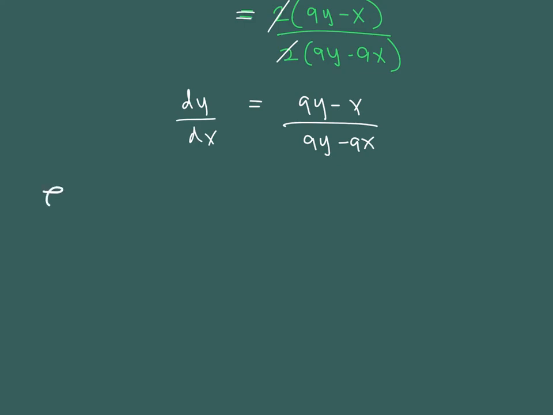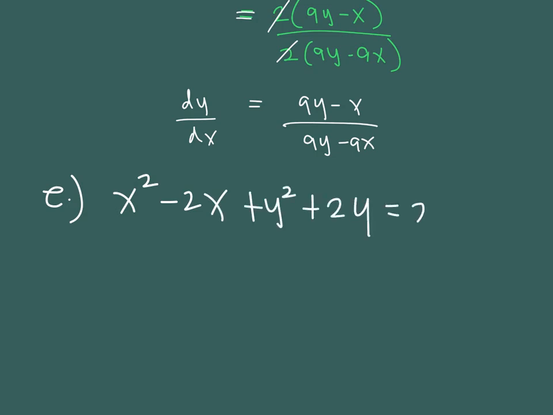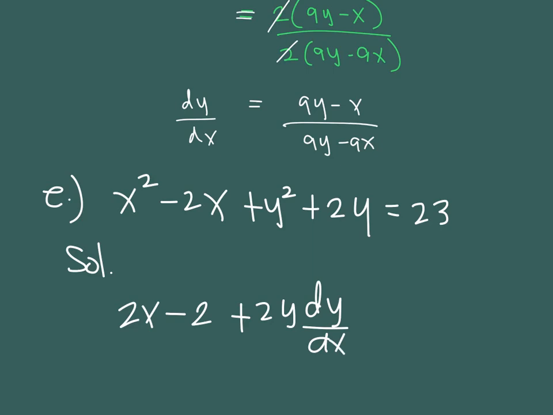So letter E is x squared minus 2x plus y squared plus 2y is equal to 23. So solution: 2x minus 2 plus 2y dy dx plus 2 dy dx equals 0.